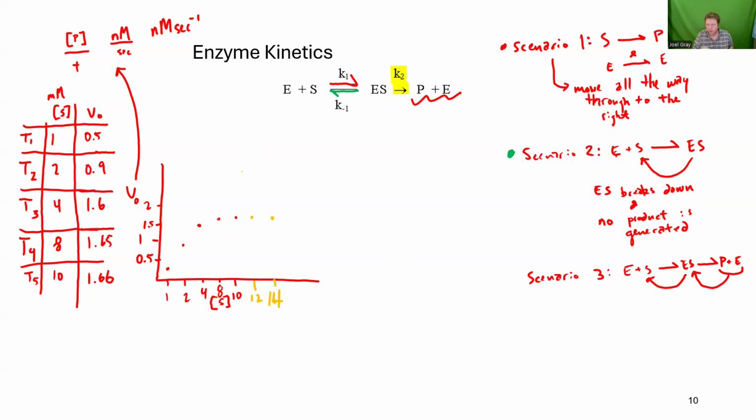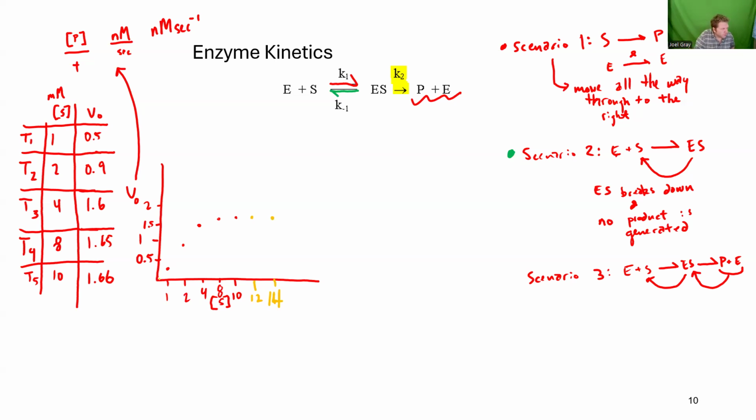Because if in all of these trials our enzyme concentration is held even, then we have pretty good reason to believe that the only thing we could change to get a higher velocity and more generation of our product would be to add more enzyme. But that's not what we're looking at. We're trying to understand this particular enzyme.